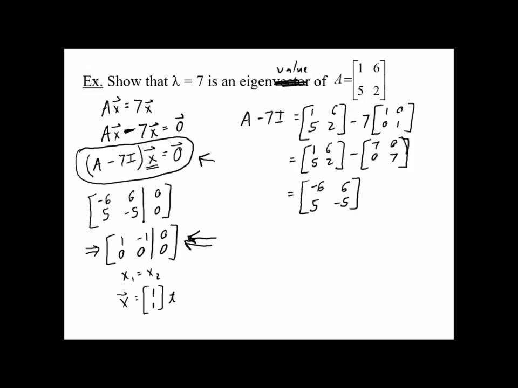In fact, we went a little further. We showed that the null space, not of A, but of A minus 7I, was the span of that one vector, which in this case was 1, 1. So we proved that.